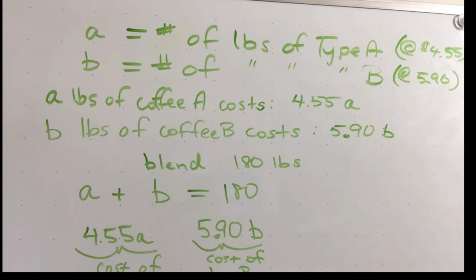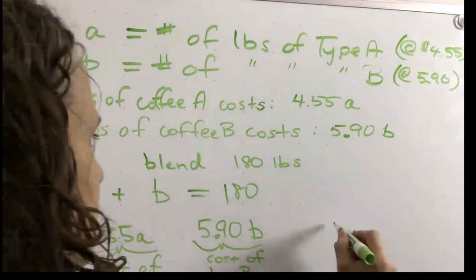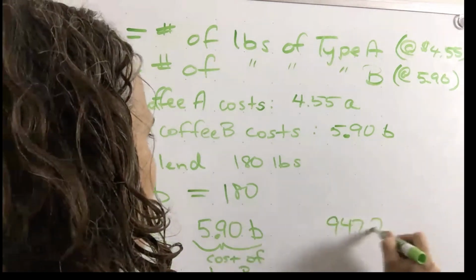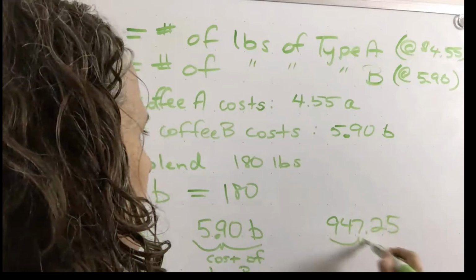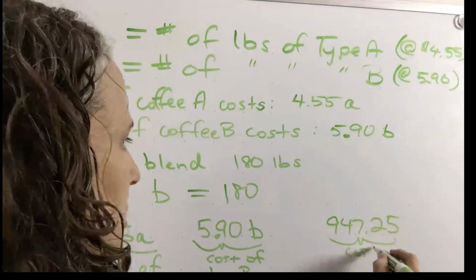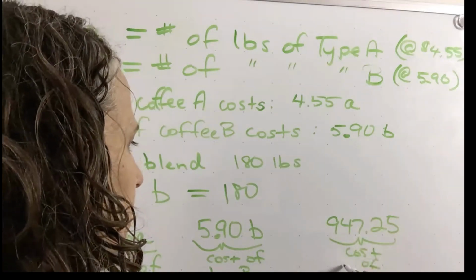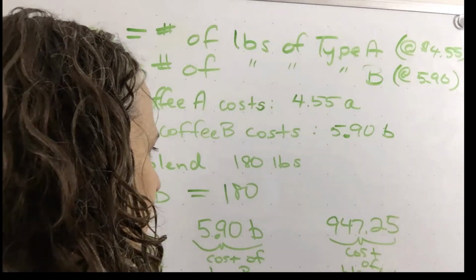And it tells me that my blend is going to be $947.25. Did I read that right? Yeah. So this is the cost of the blend. So this is the blend bag, let's say.